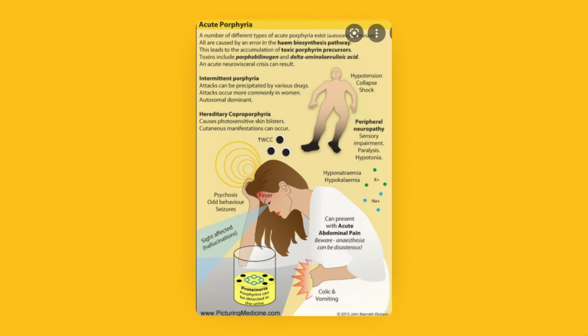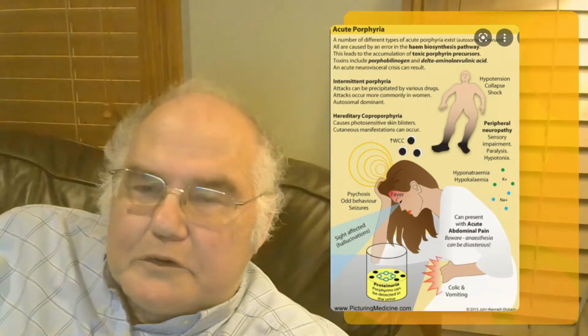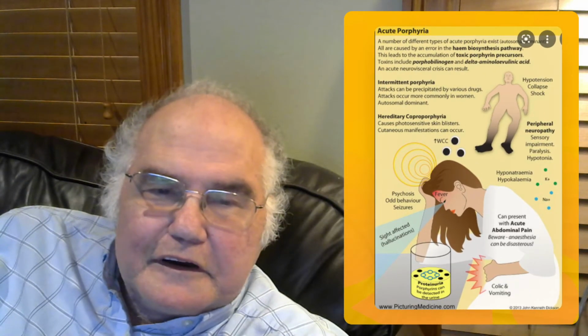It can be a very dramatic and even life-threatening attack. So being able to recognize it obviously depends on thinking about it, and once that's done, you can do the necessary tests to exclude that possibility.